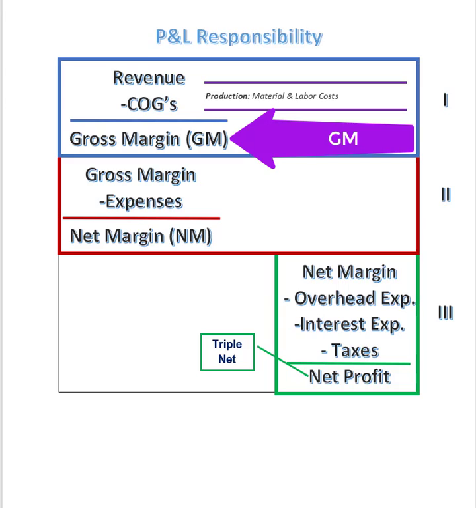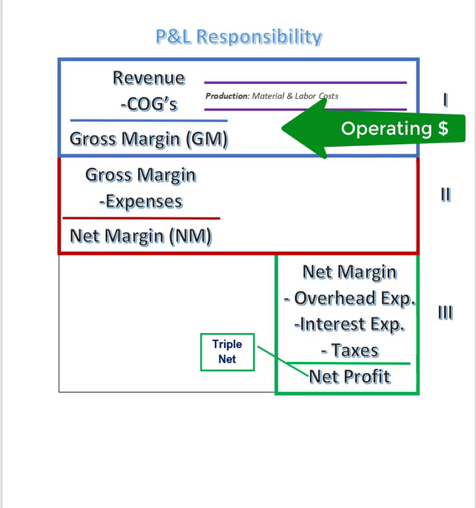So therefore, when we look at Part 1, its primary goal is to ascertain the gross margin dollars available to the corporation, or as is often called, the operating dollars available to the corporation to essentially run the business. And production is an integral part of that.